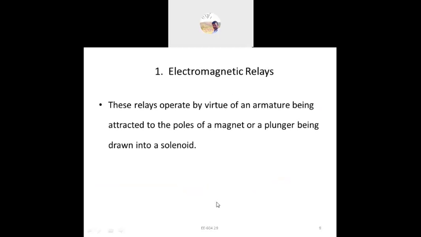Next, we have the different types of relays. Based upon the technology, we have the electromagnetic relays, the static relays, and the microprocessor-based relays. One type is the electromagnetic relay.